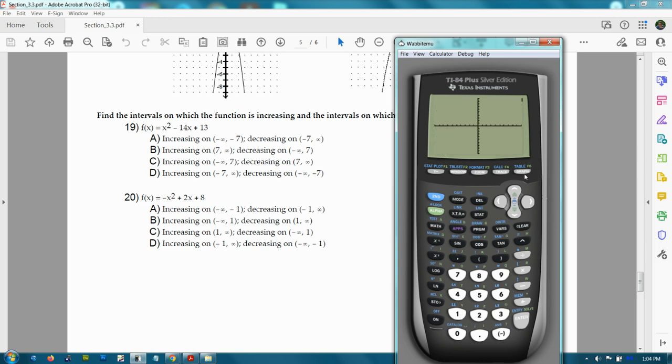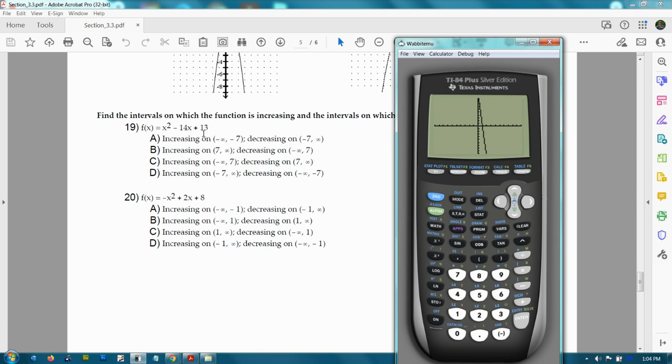Let's hit graph. Now what happens is, you're not seeing the entire graph. I could do a zoom fit, but I'm going to change my window. I don't want to see these values to the left of 0, and I want to see a lot more on my y-axis, at least 13.